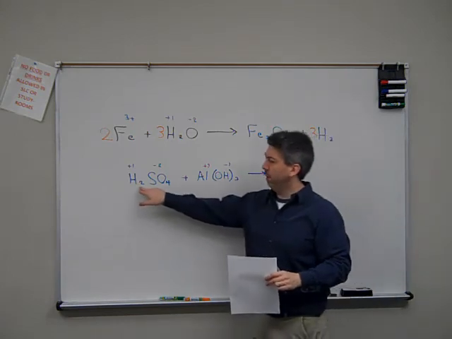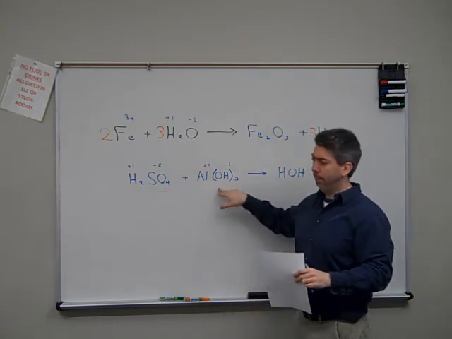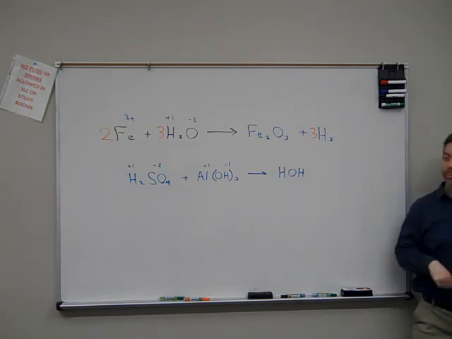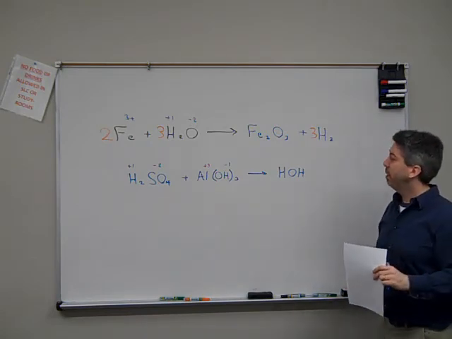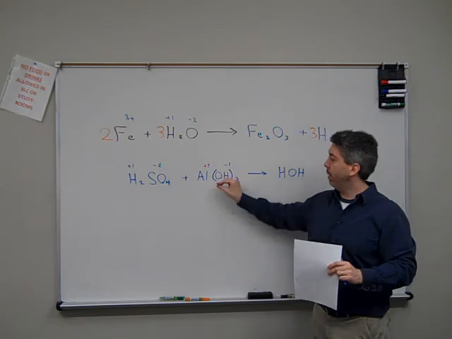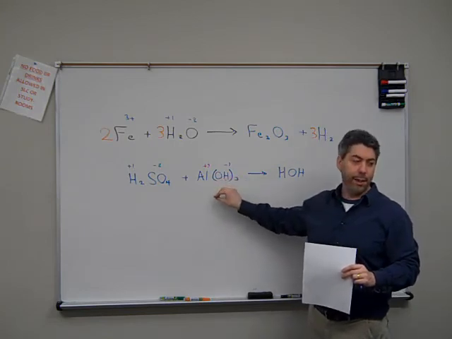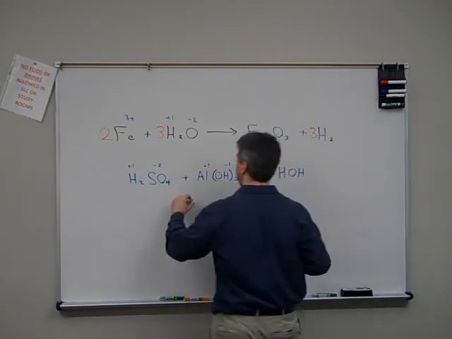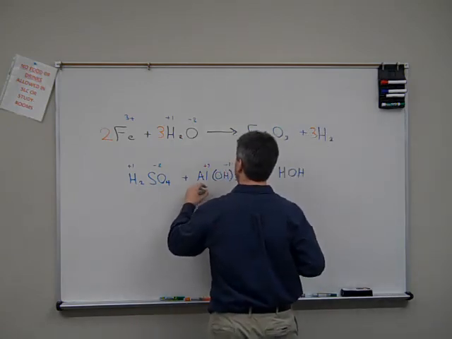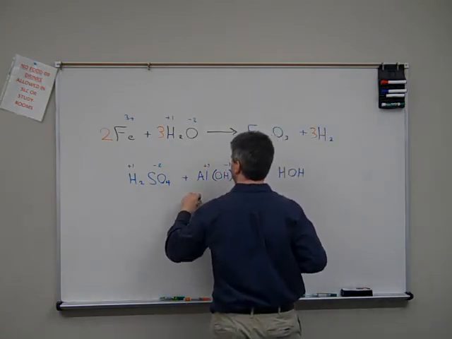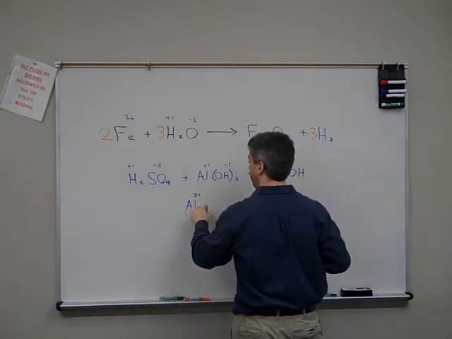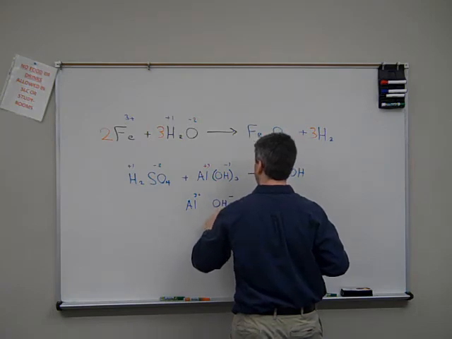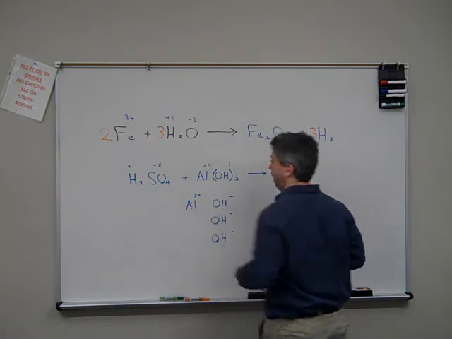Now why don't I include this too? Why don't I put H2OH3? Because you have to remember that when these separate, this doesn't separate into OH3. Because these are dissolved in water, this is going to separate into an Al3+ ion and 3 separate OH- ions.